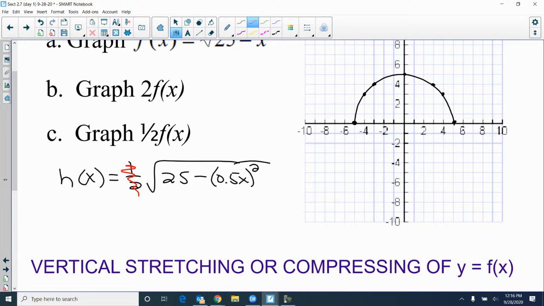Not the first h, that one's okay. The one on the bottom. The first 1/2 is okay. It's that second one. Yep, that one right there.